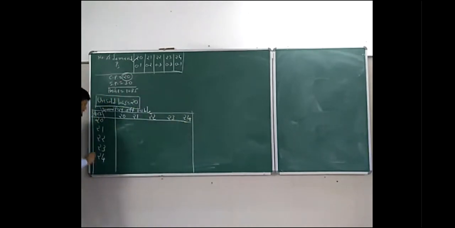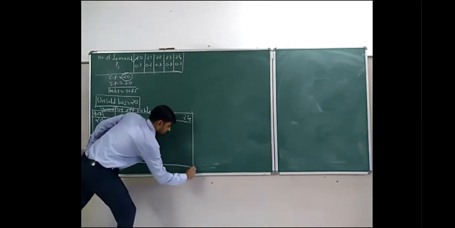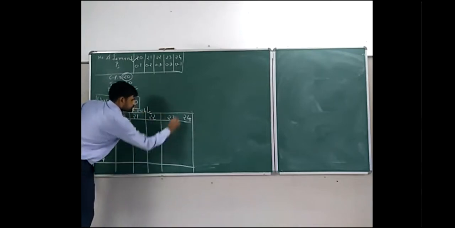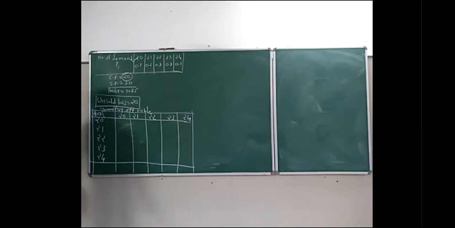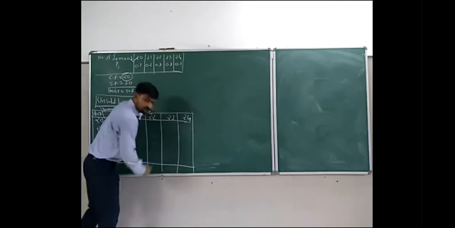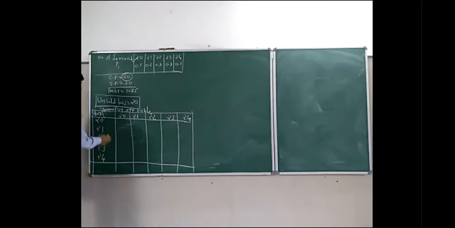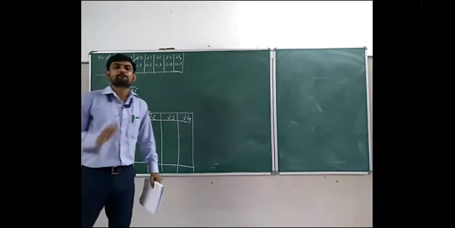Now the question is, how can we prepare this payoff table? First of all, we will find the diagonal elements. Diagonal elements means when demand and supply are the same, then we always get profit.